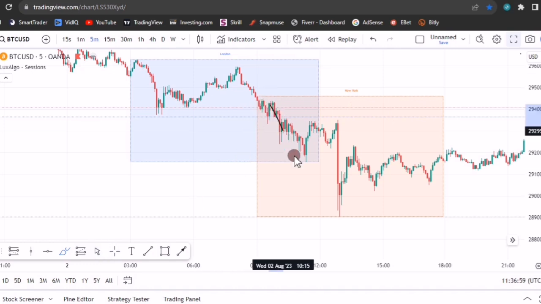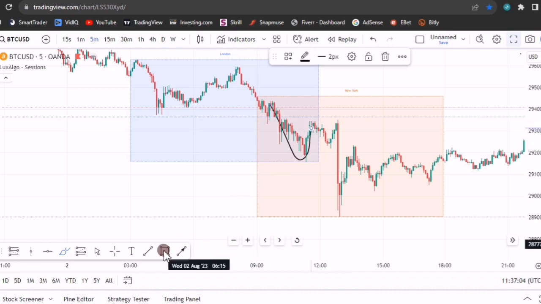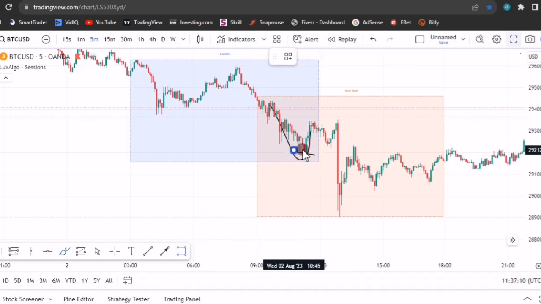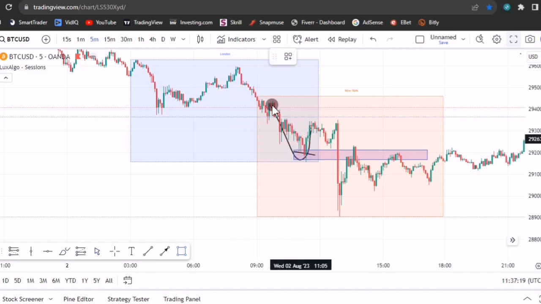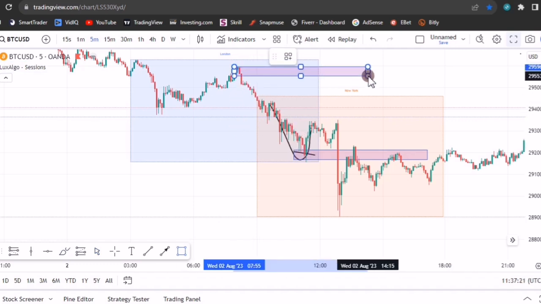Right here, price went down, went up. When price was going up, I'm sure you would identify this lowest point as the corner of the V, and it started up there.